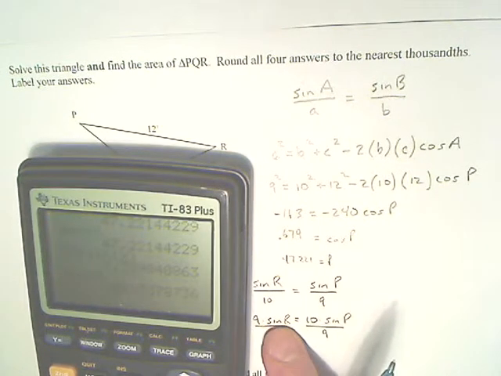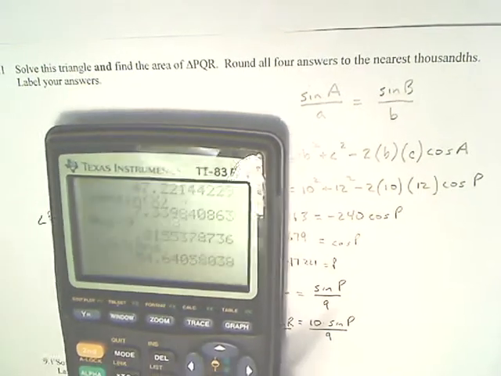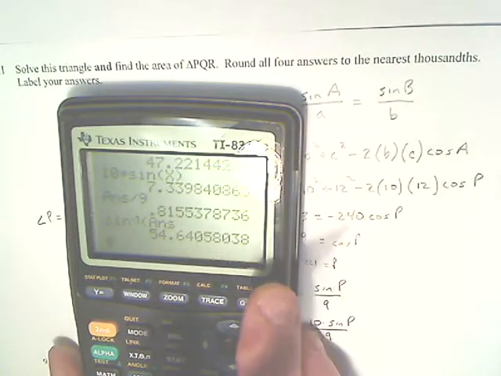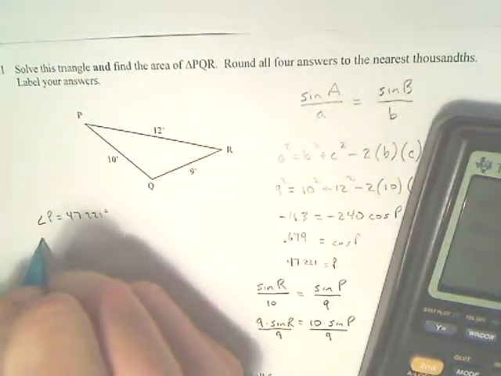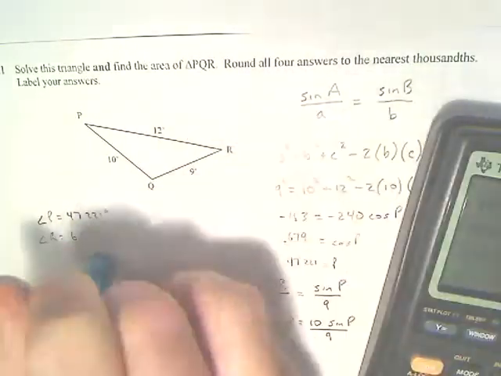And that leaves sine R. So at this point, it's inverse sine of the previous answer to get angle R, which I have, 54.641. Angle R, pardon me, 54.